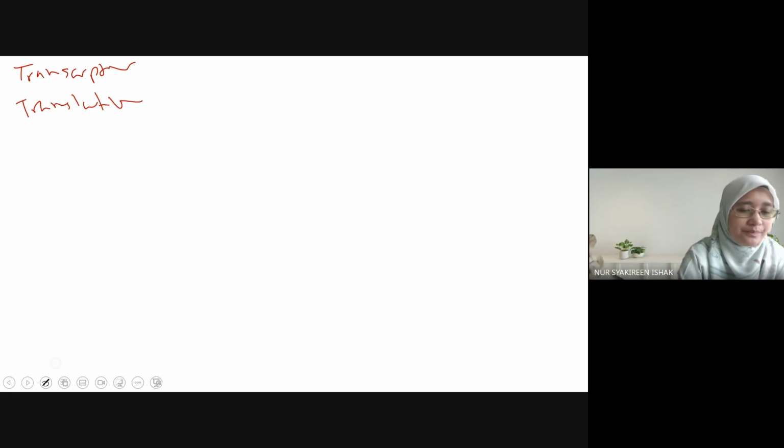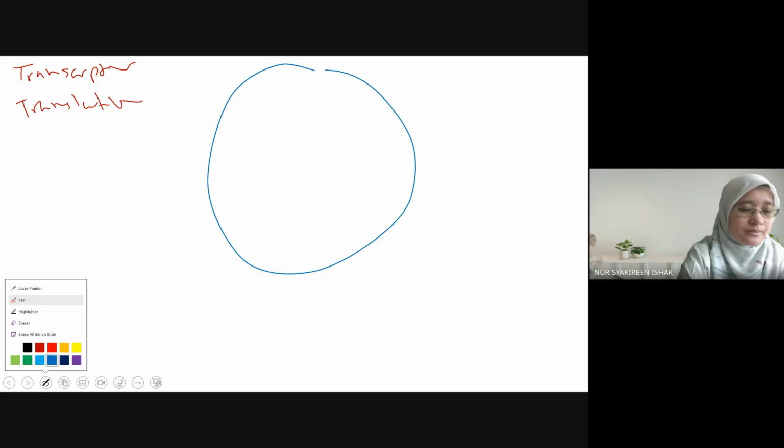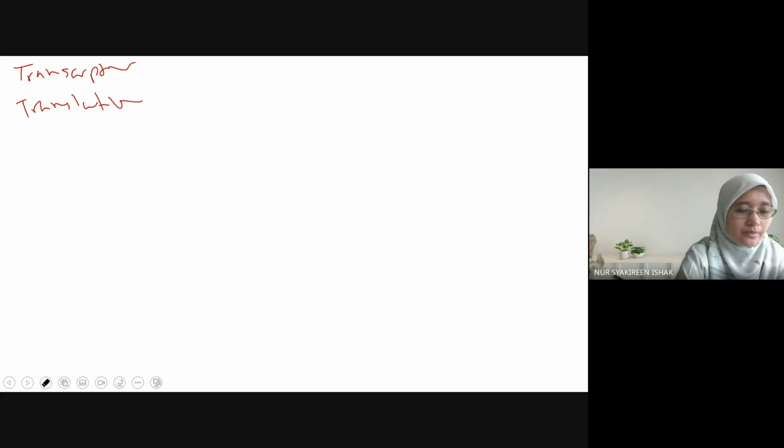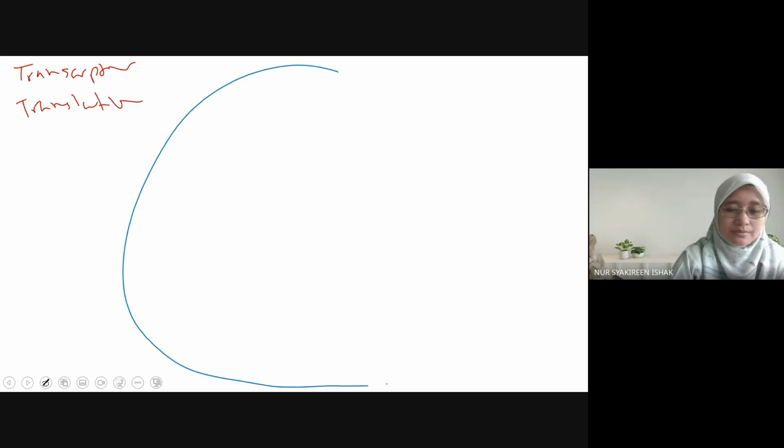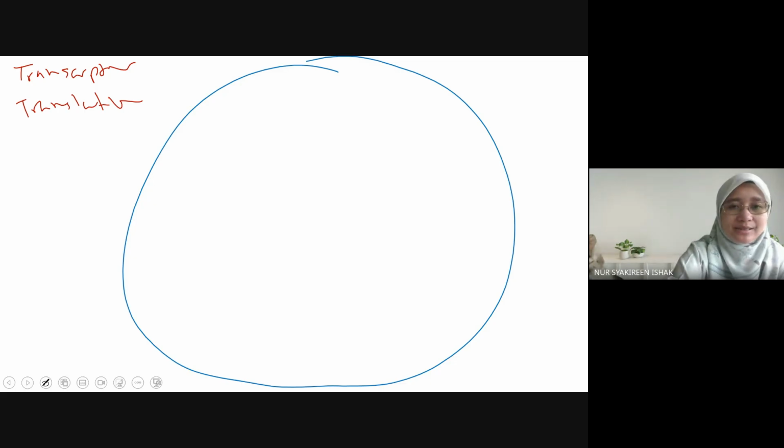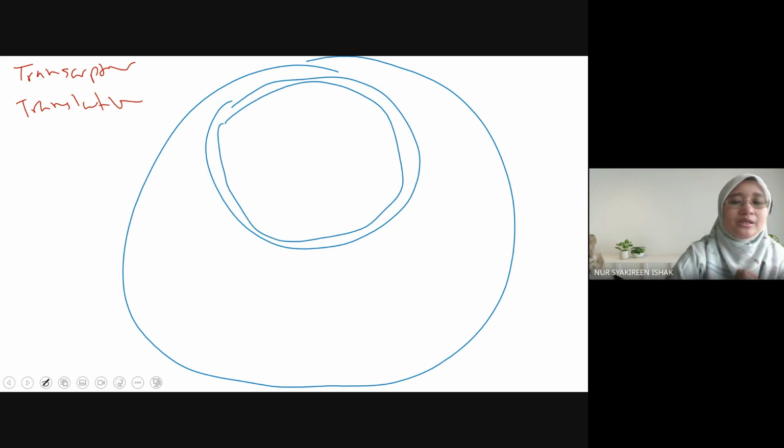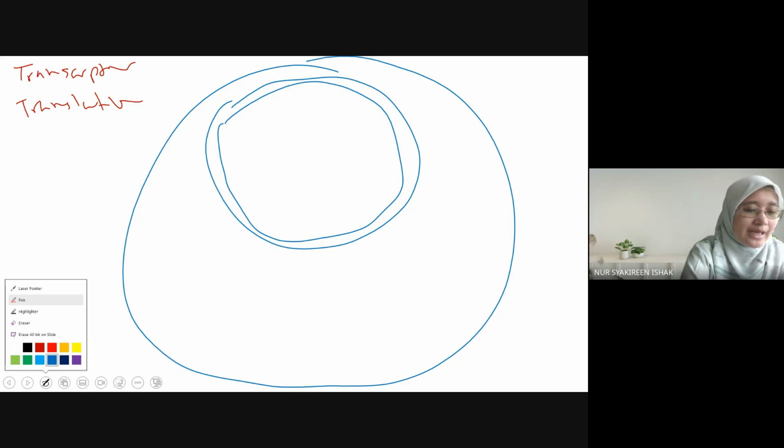So for example, here we have a cell. Inside this cell, we have the nucleus. The nucleus is where your DNA is stored.